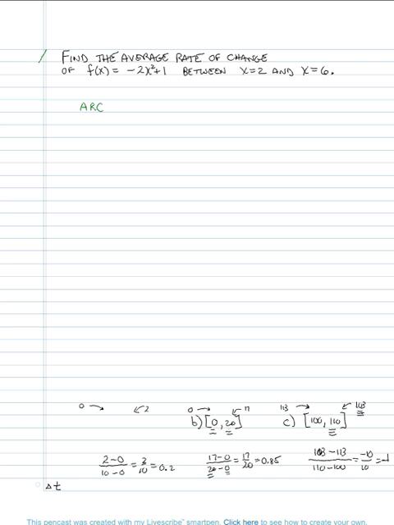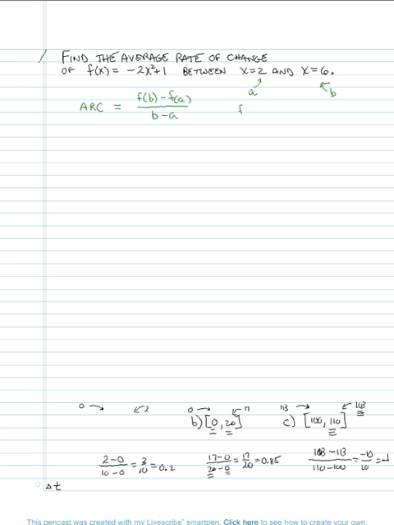Remember, the way we set that up is it's f of b minus f of a divided by b minus a. That is, we have a first x value and a second x value. So the first x value is the a, there's a. Second x value is the b.